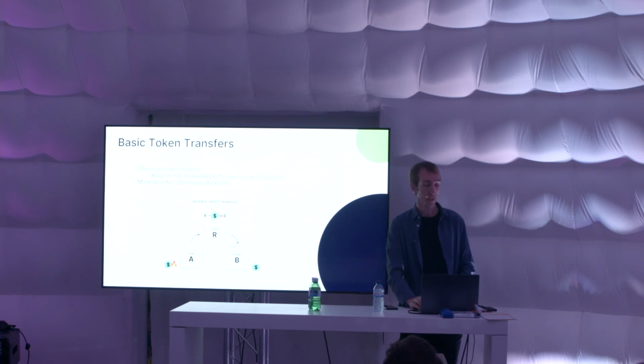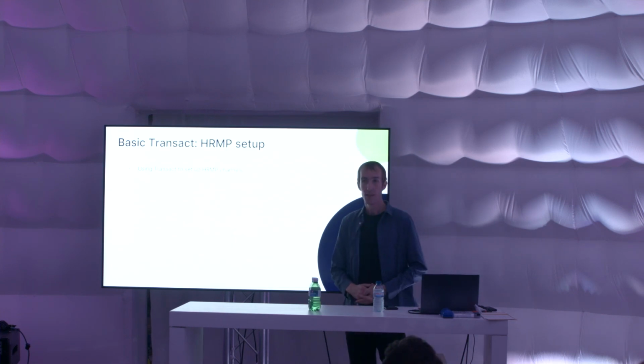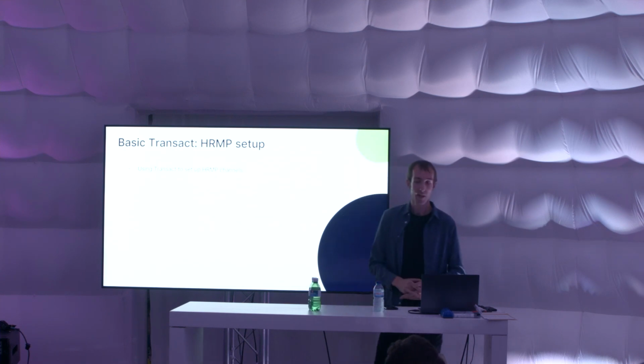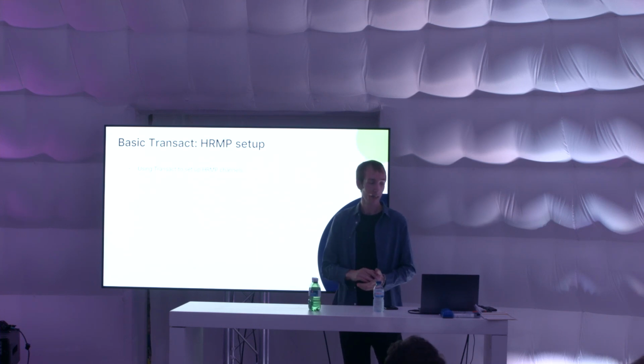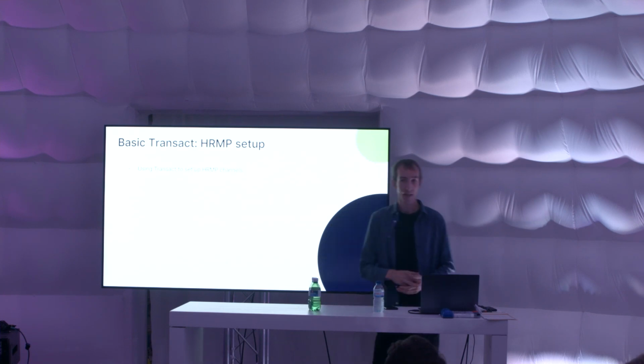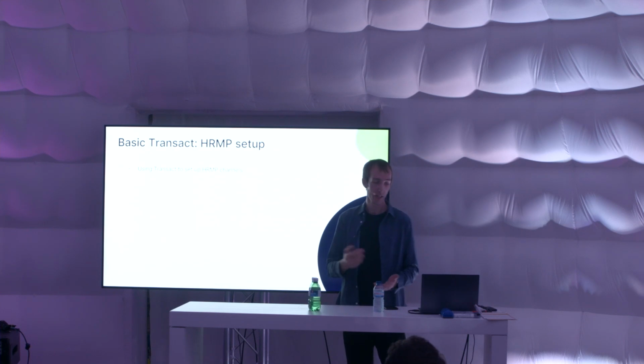If your chain has been doing token transfers, then you also have been doing the setup of the channels, because you need to do this before you can send any tokens. How this is typically done is by sending a message to the relay chain containing a transact instruction that instructs the relay chain to either request an opening or to accept an opening of a channel.